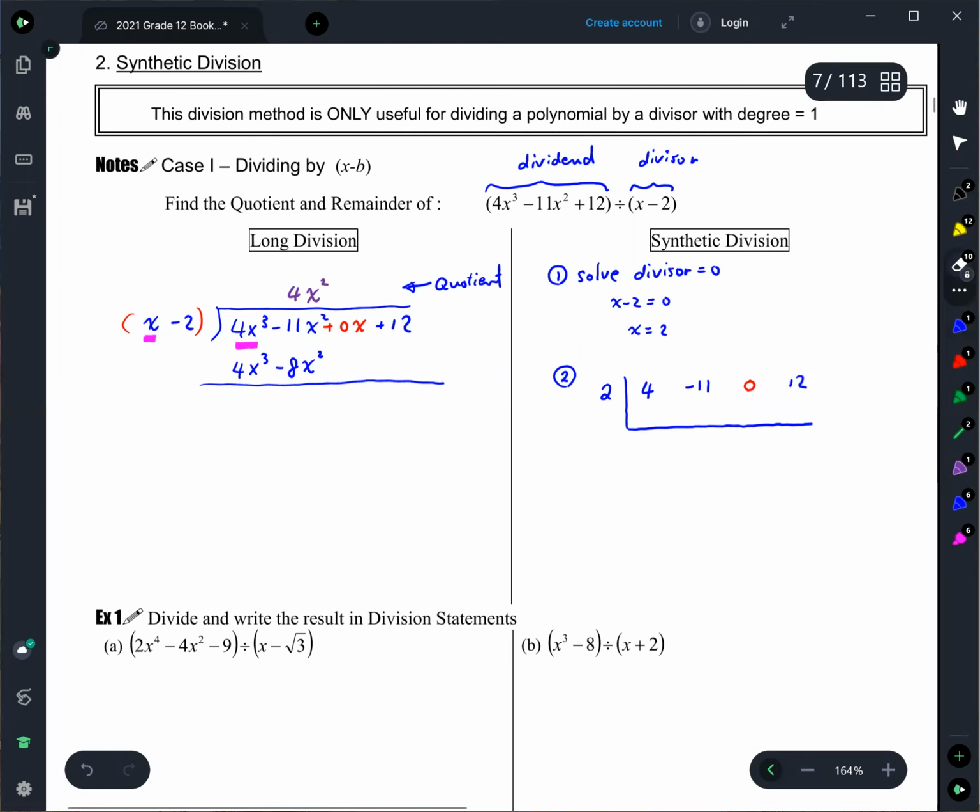So now here we subtract, the 4x cubed will cancel out, right? That's why we look at the first term. We want to cancel out the first term. So you subtract the x squared part, -11 minus -8 gives you -3x squared. The other ones just keep on dropping down.